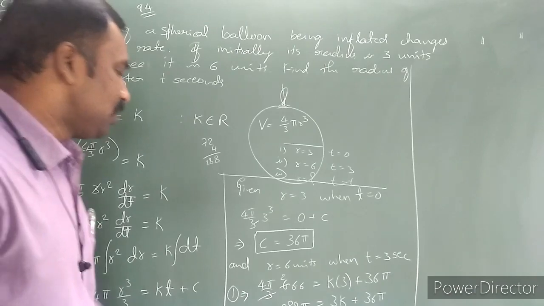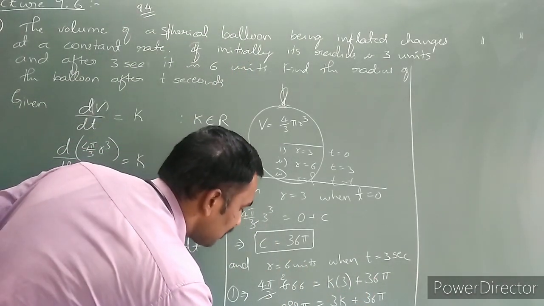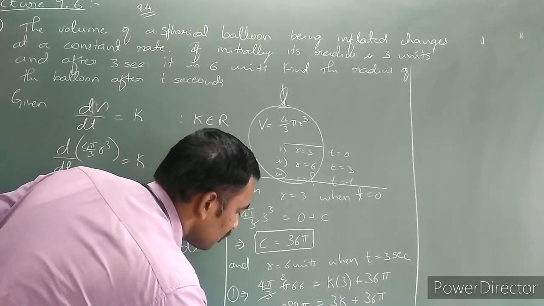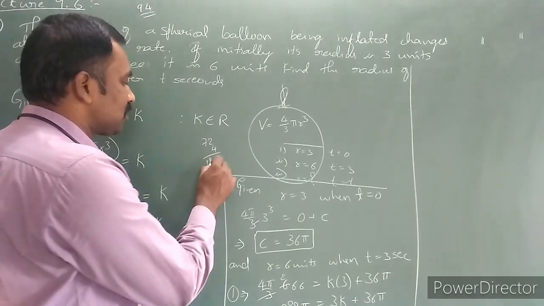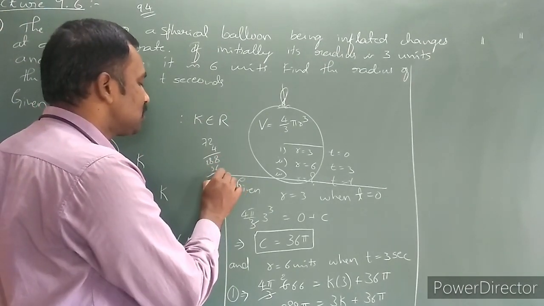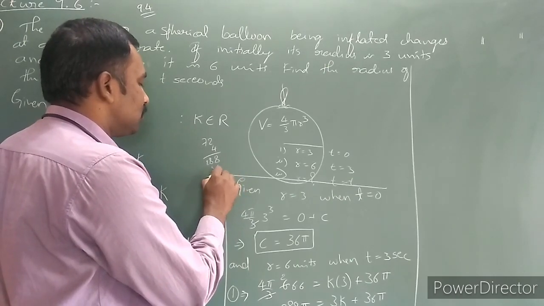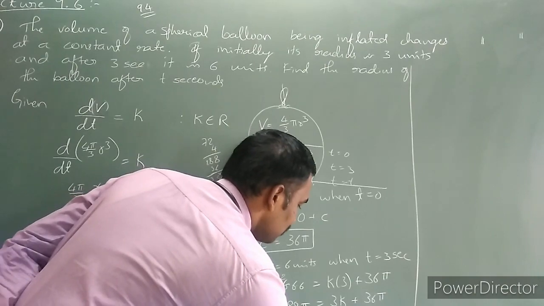Is that clear? Simplify for k. What happens? 36 pi is taken to the left hand side. This implies 3 times k is equal to 288 minus 36, that means 252 times pi.